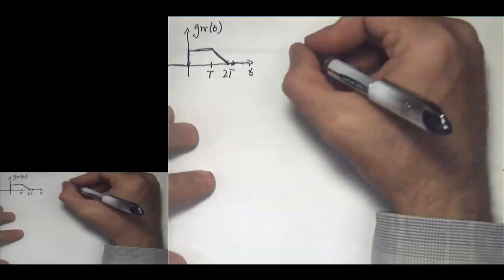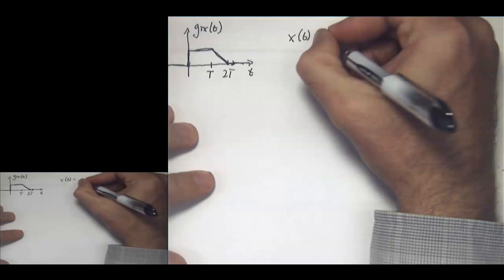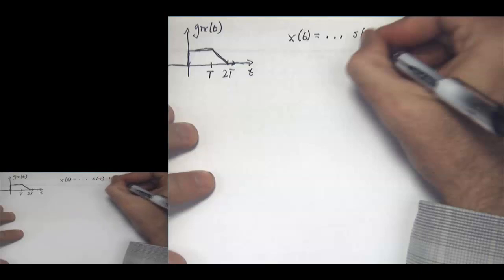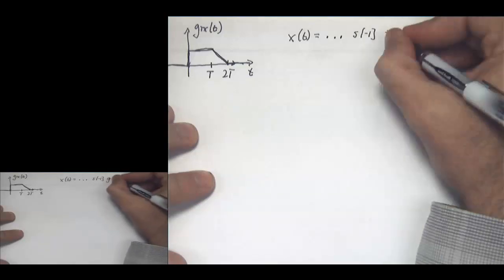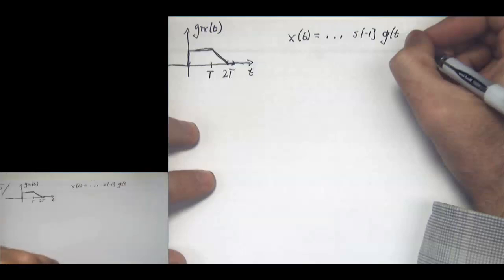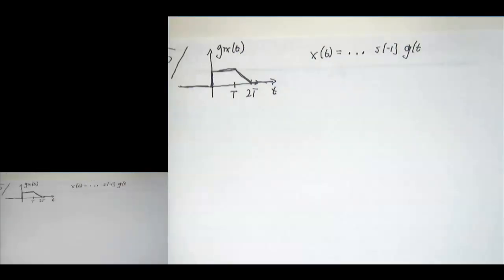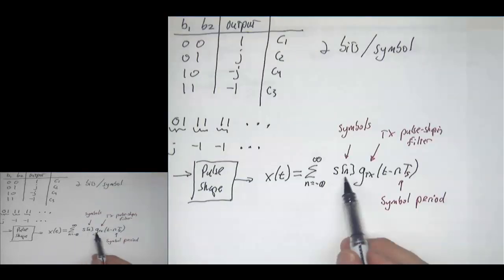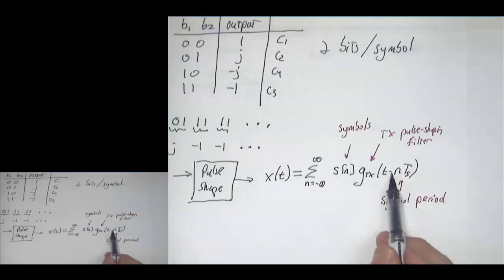And then, suppose our signal x of t has this infinite sum. So s of minus 1 is going to be tagged with g of t. If we go back to this formula, for minus 1, we're going to get g tx of t minus ts, which is going to be plus t.